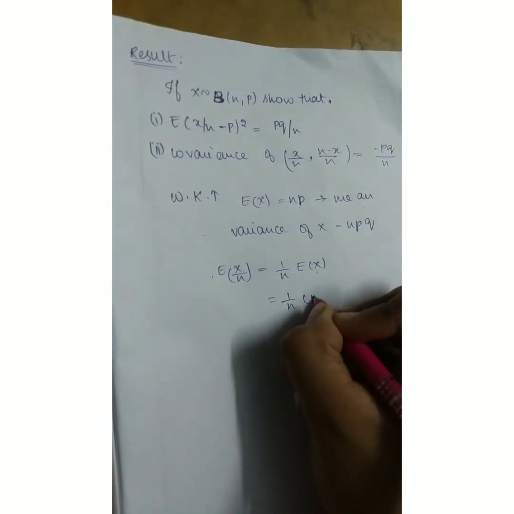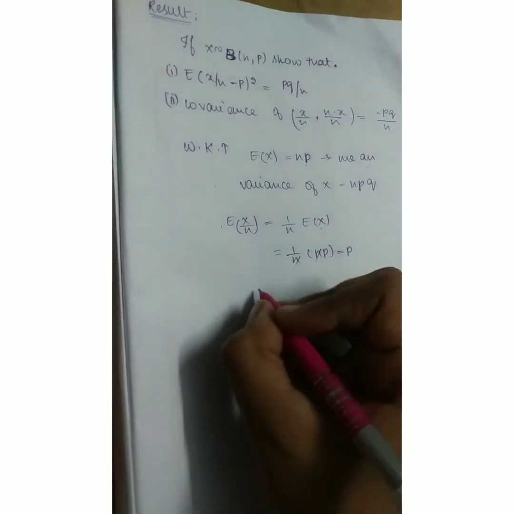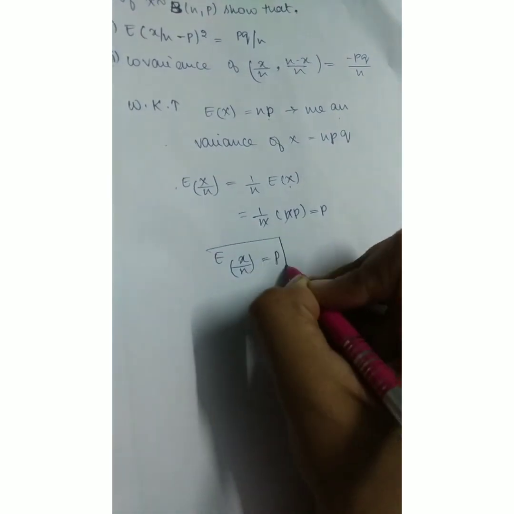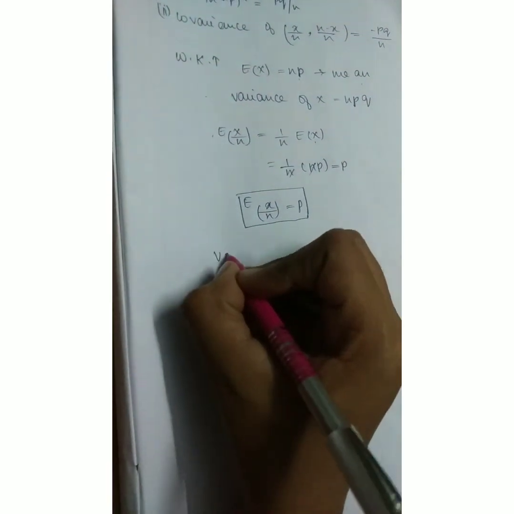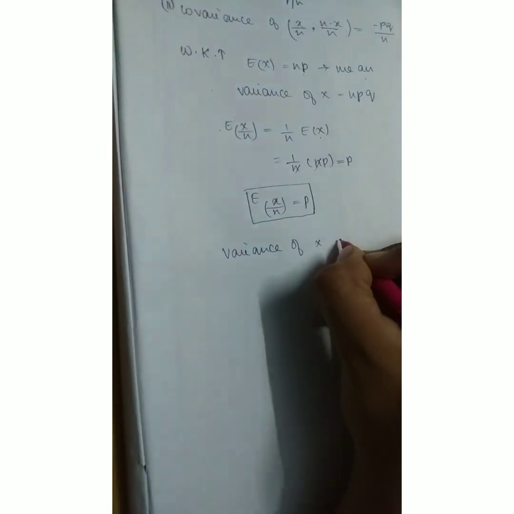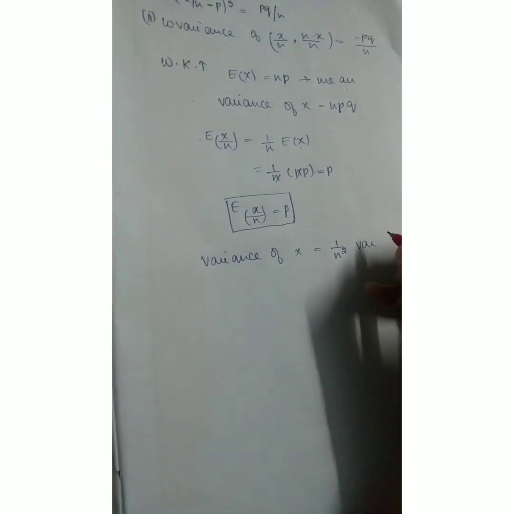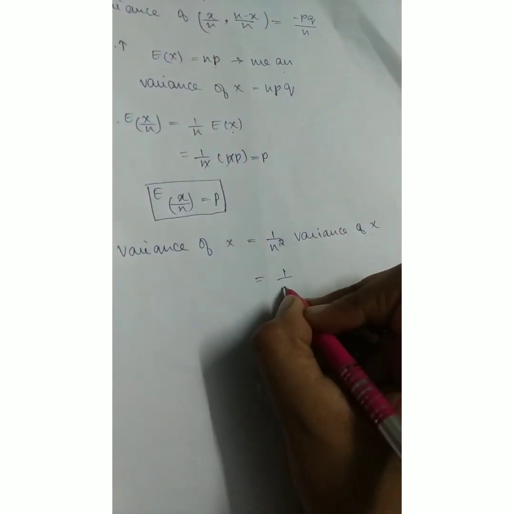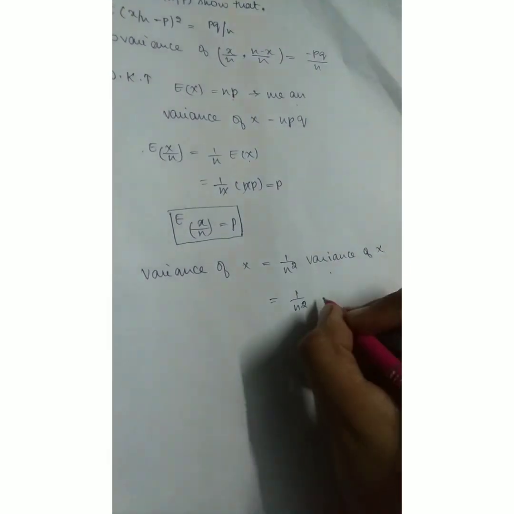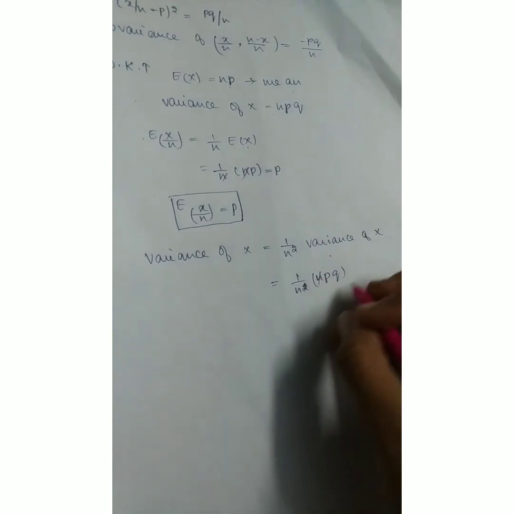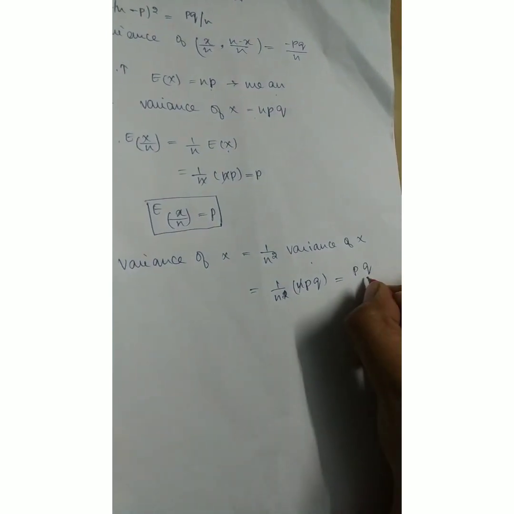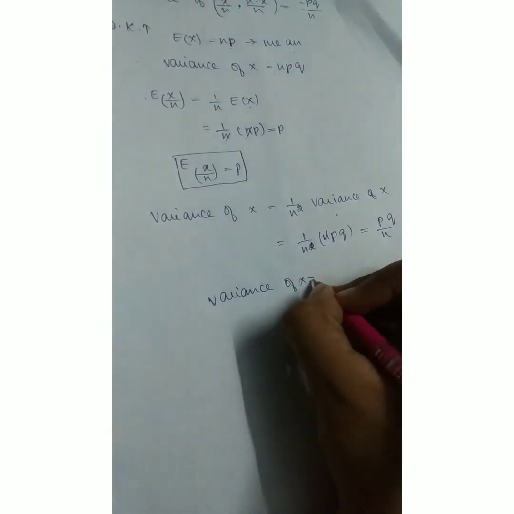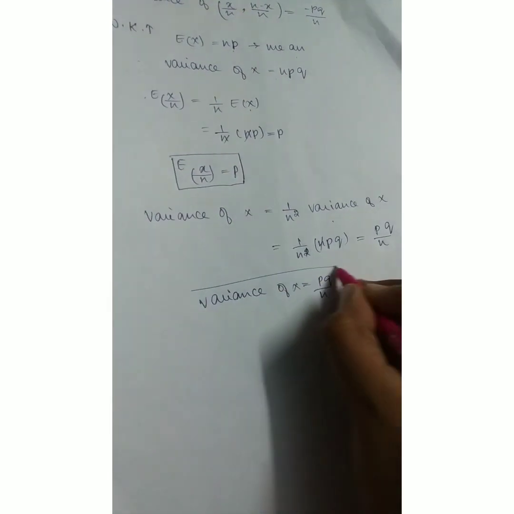Substituting the value of E(X) as np, cancelling n and n, we get p. Therefore, E(X/n) is equal to p. Then variance of X/n is equal to (1/n^2) into variance of X. Again substituting the value of variance of X as npq and cancelling the values of n, we get pq/n. Therefore, the variance of X/n is equal to pq/n.